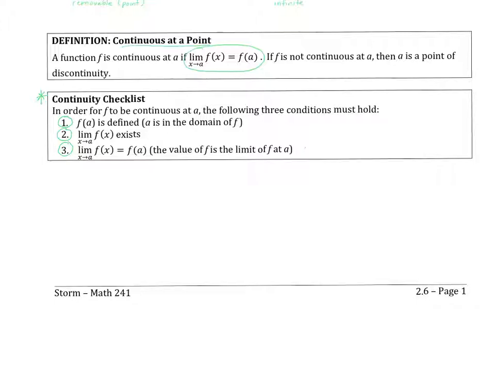So condition 3 is just saying that 1 is equal to 2. Now, if all 3 conditions hold, then the function is continuous. So to show that a function is not continuous, all you have to do is show that one of those conditions does not hold.